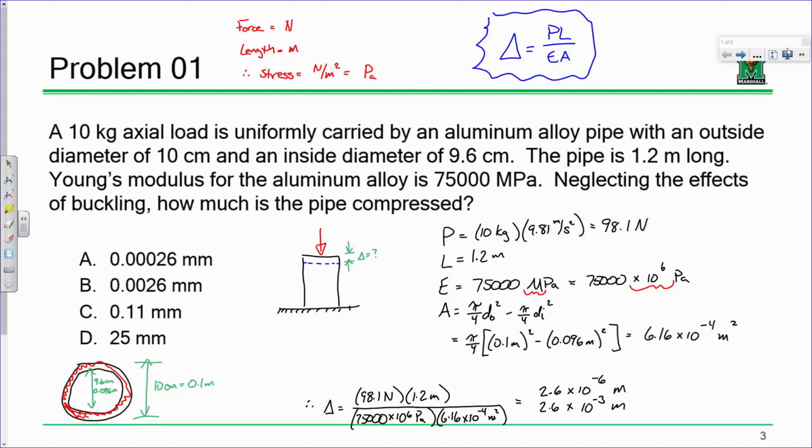So if I got 10 to the negative 6 and I multiply by 1,000, I'm adding 3 to that exponent, so that's minus 3. So how do I write that in decimal notation? Well, I go 1, 2, 3. So that's 0.0026 millimeters.